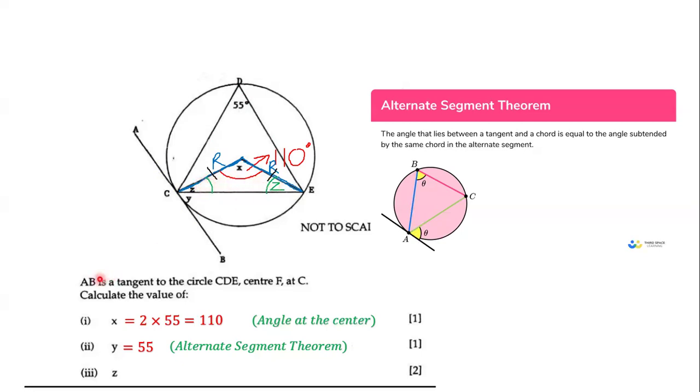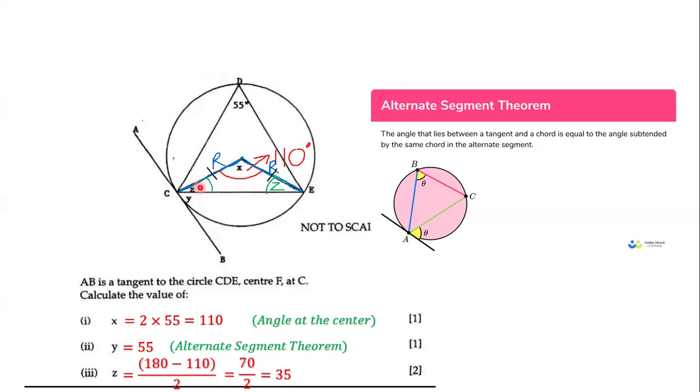That's how we're going to figure out the size of Z. So we have 70 divided by 2, because we have to take 70 and split it between these two angles, which gives us 35 degrees.